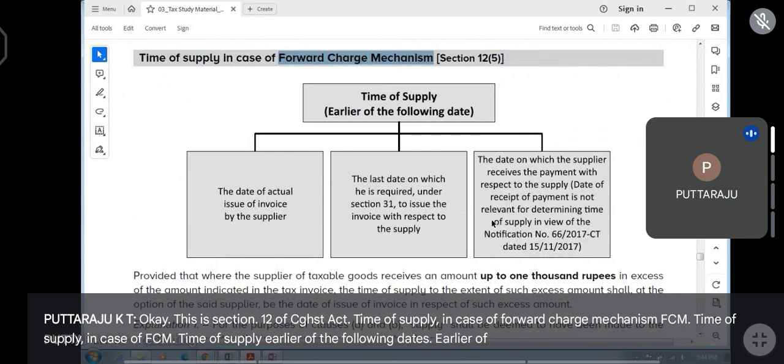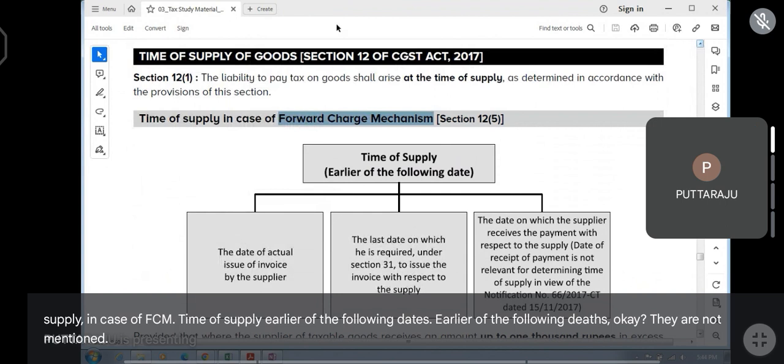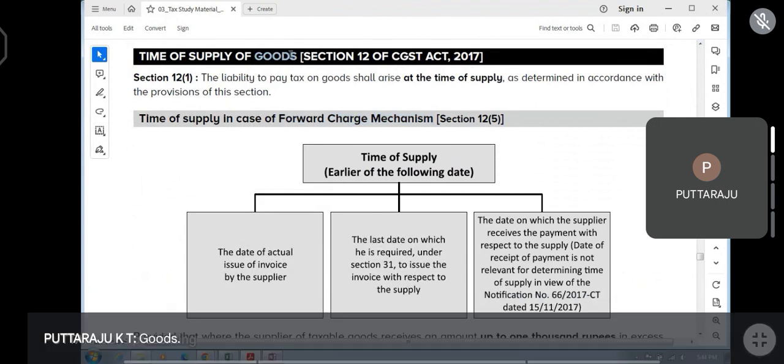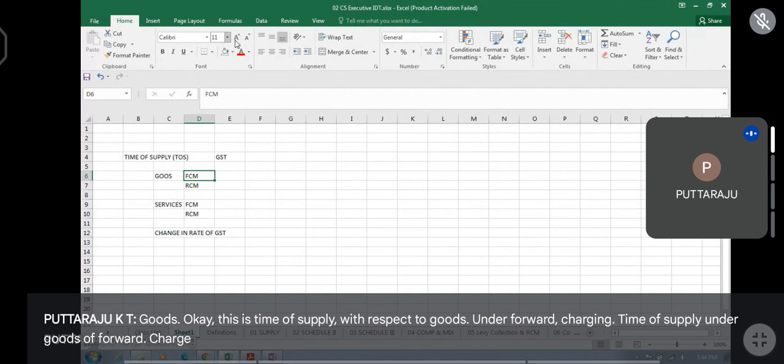Earlier of the following dates. Okay. They have not mentioned goods, but this is time of supply with respect to goods under forward charge. This one we are studying.